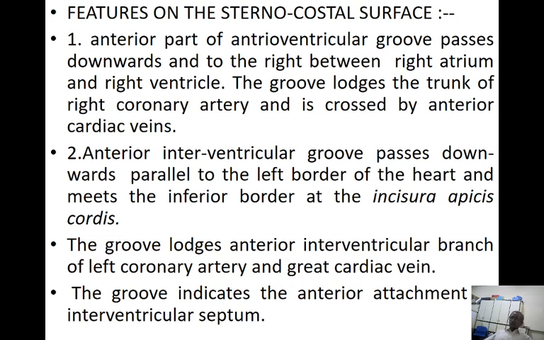The anterior interventricular groove passes downwards parallel to the left border of the heart and meets the inferior border at the incisura cordis. The groove lodges the anterior interventricular branch of the left coronary artery and the great cardiac vein. The groove indicates the anterior attachment of the interventricular septum.